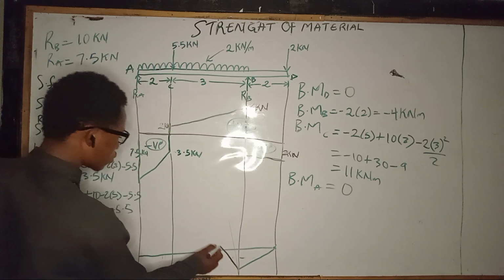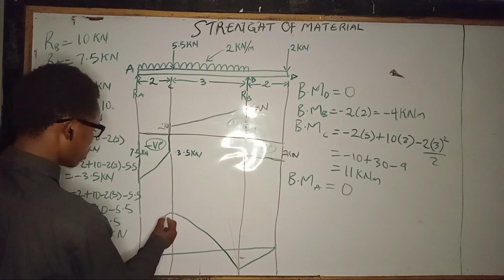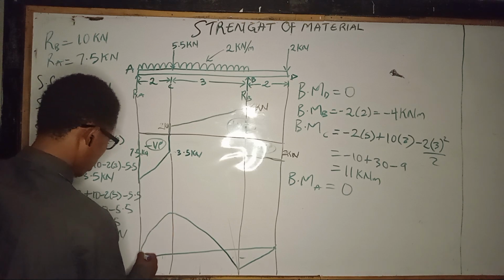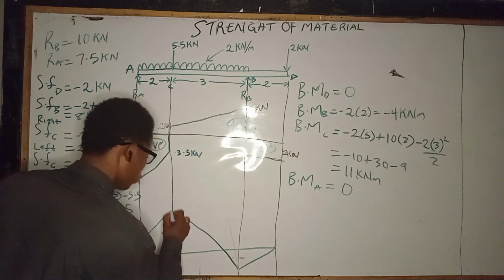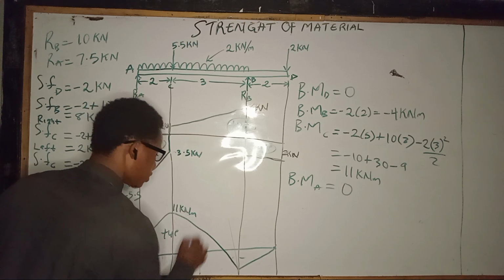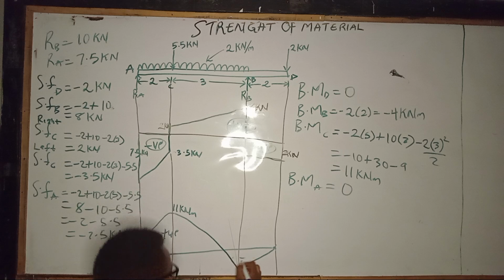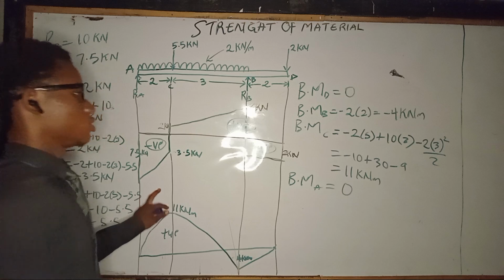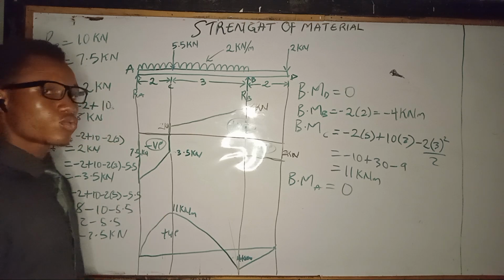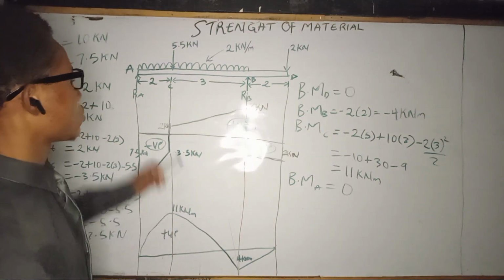So the curves go some way like this and down here. So here is positive. We have 11 kilonewton meter here, and right here we have 4 kilonewton meter. This one is negative and this one is positive. So that is all for the diagrams of this.